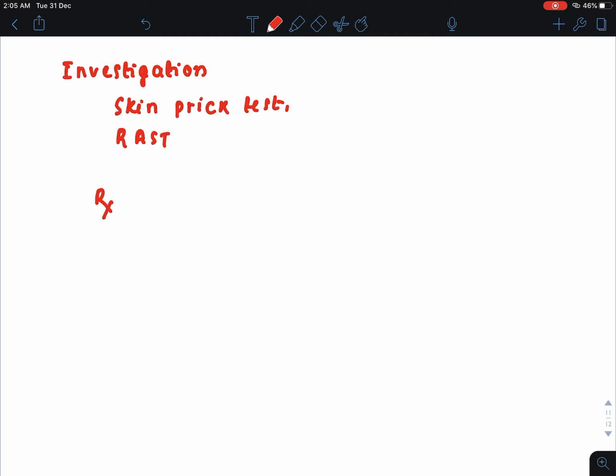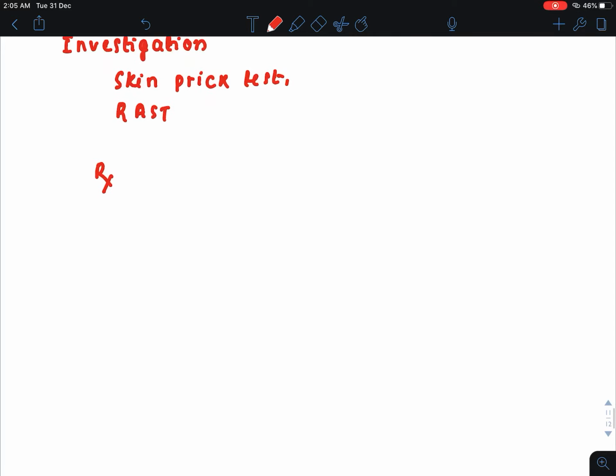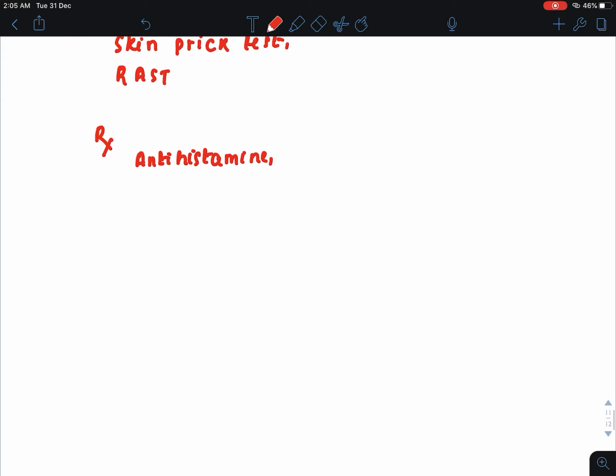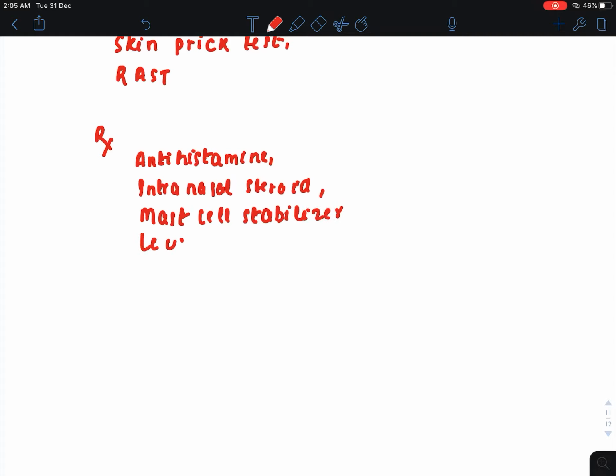So now, what is the treatment? If we get to know that the patient is suffering from allergic rhinitis, then what drugs can we give? We can give antihistamines, intranasal steroids, mast cell stabilizers, and leukotriene antagonists.